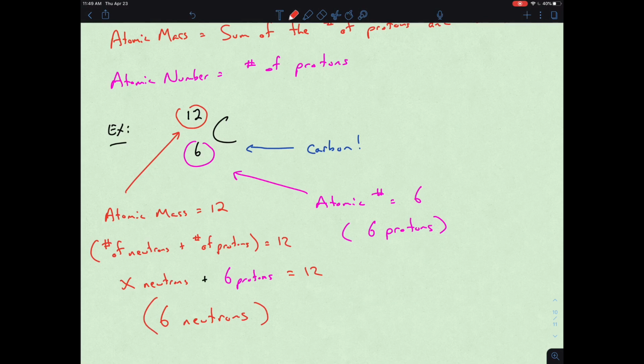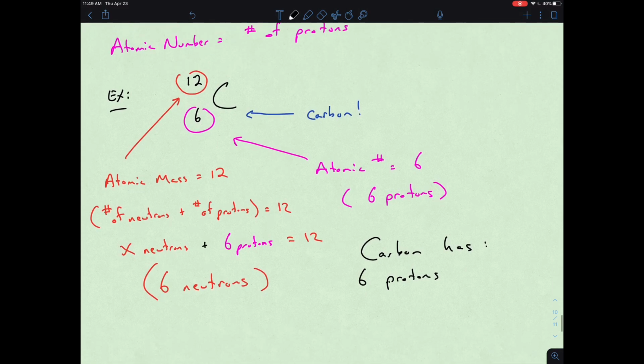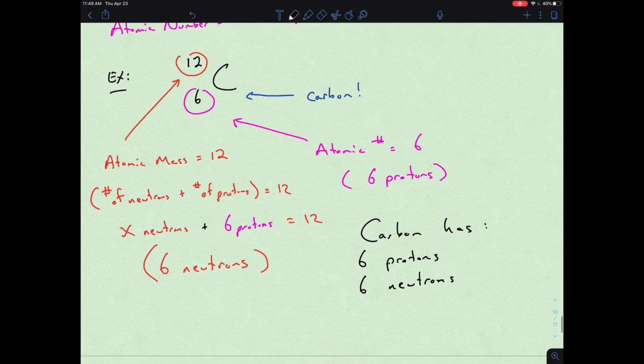So for this particular element, carbon has 6 protons, 6 neutrons, and 6 electrons.